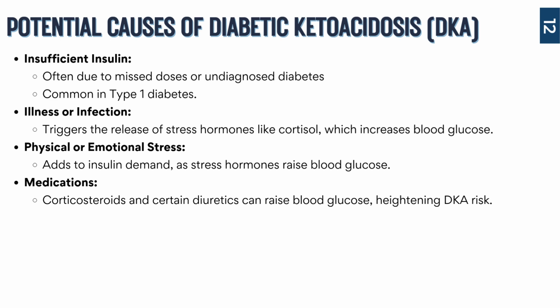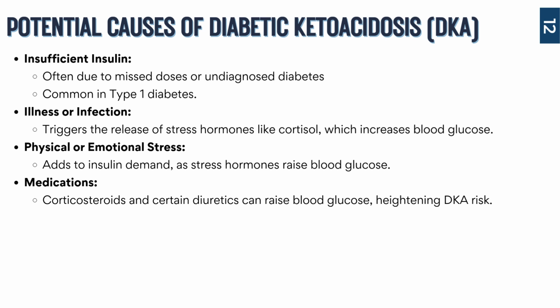Now let's consider illness or infection. When the body is under stress from conditions like an infection, surgery, or illness, it releases stress hormones such as cortisol and epinephrine. These hormones make blood sugar levels rise as the body tries to mobilize more energy to fight the illness.